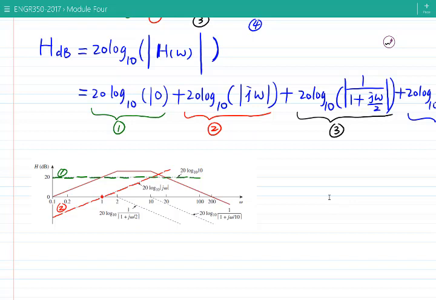The corner frequency is omega equal to 2, so the linear line will go across frequency equal to 2, and it has the slope of minus 20 dB per decade. So the first asymptotic line is 0 dB, the corner frequency is 2, and the second asymptotic line is the linear line with the slope minus 20 dB per decade.